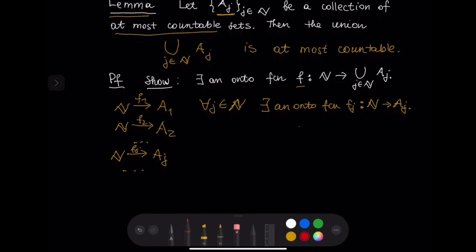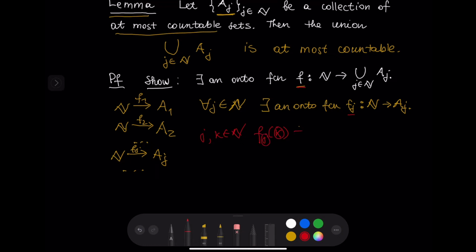to Aj. So now let us stop and think for a moment how we could use these functions fj to construct our function f. So the values of the function fj at k, where j, k are natural numbers, depend on the two indices, j and k.